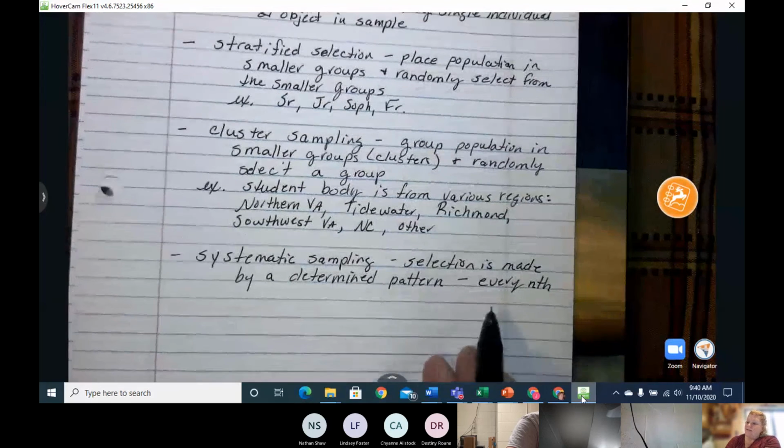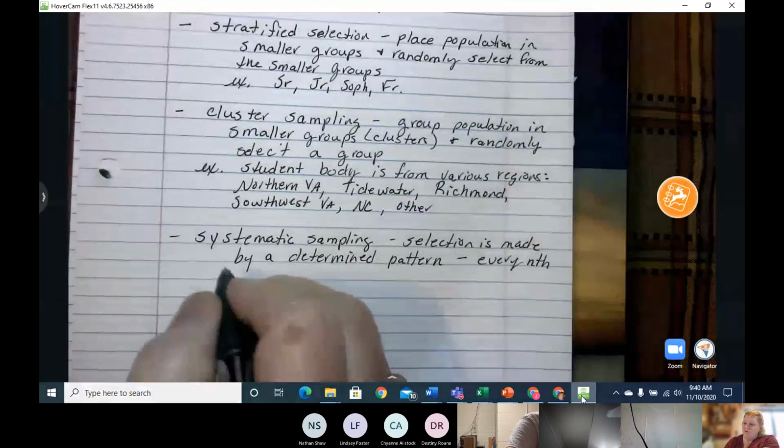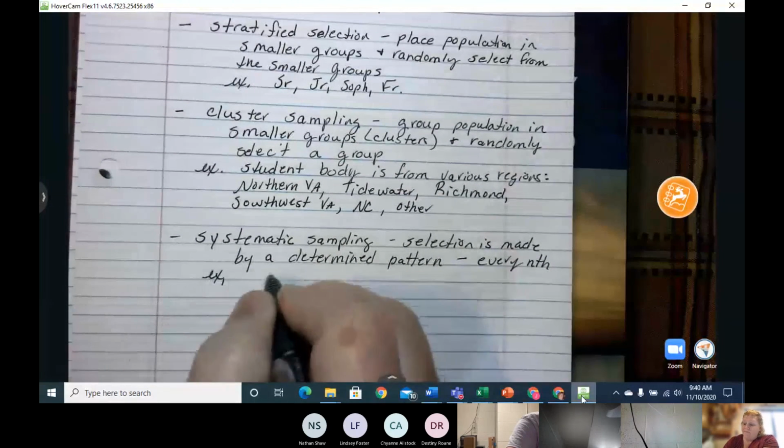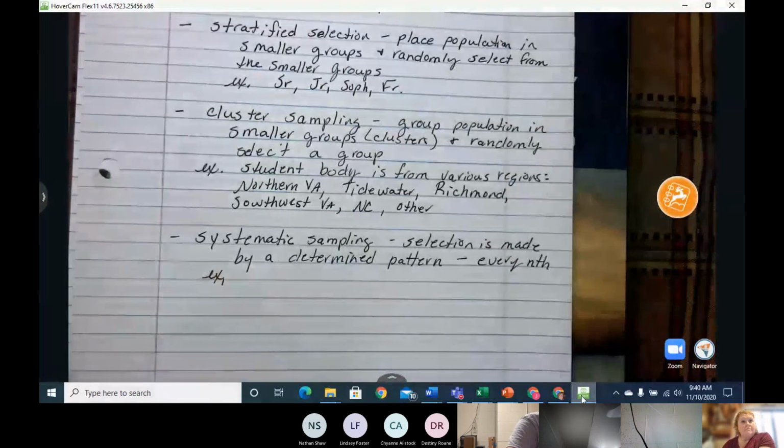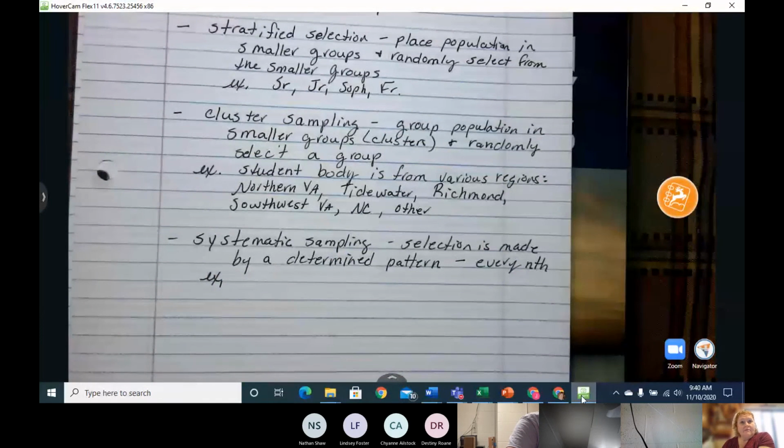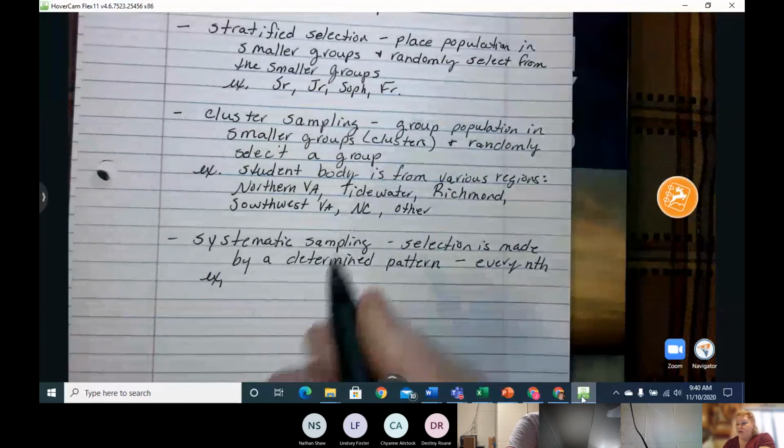This is especially used in manufacturing. Every 10th item off the product line is checked for defects.